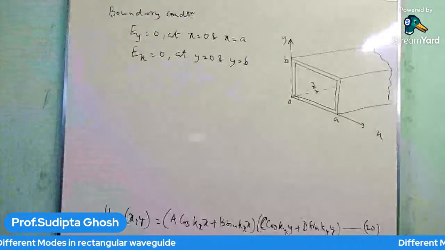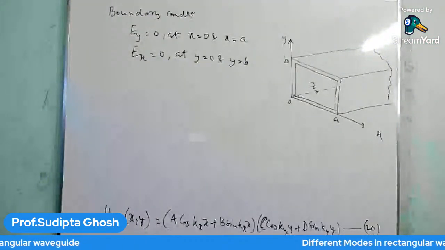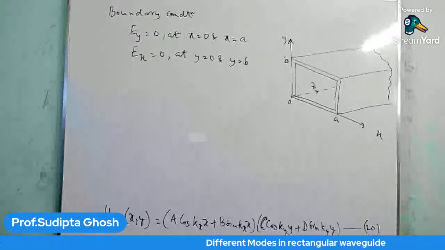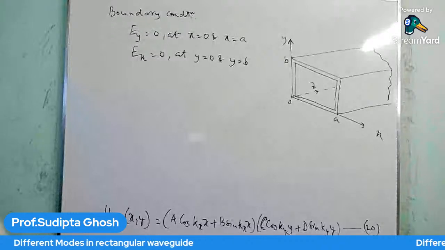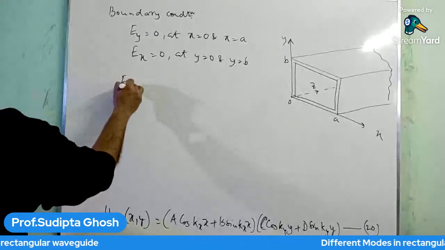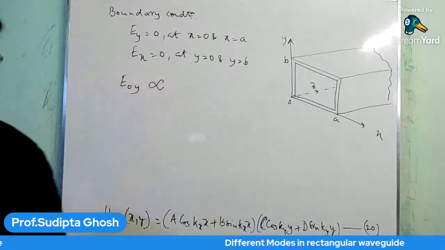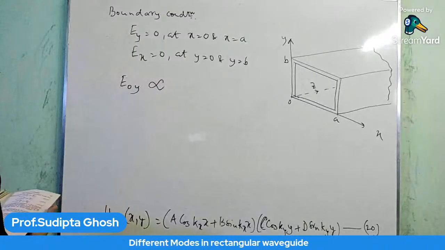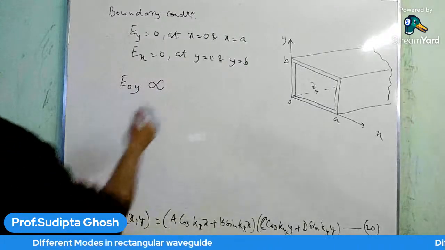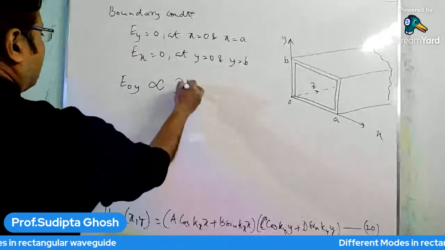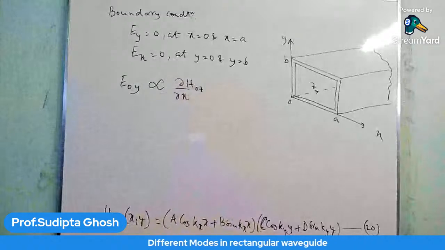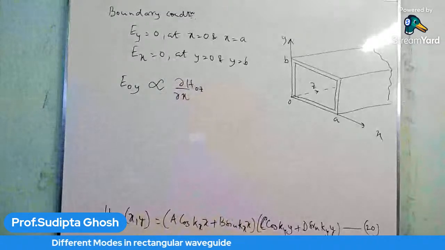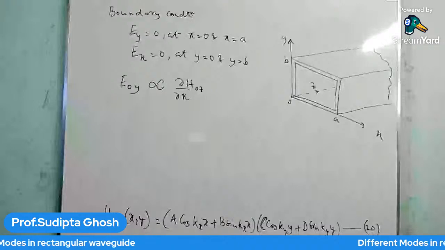Now from equation 18, we have EOY equals to, from equation 18 you can see that EOY is actually proportional to del x of HOZ, because in equation 18 you have the value of EOZ, but as I am discussing only the TE modes, EOZ is 0.